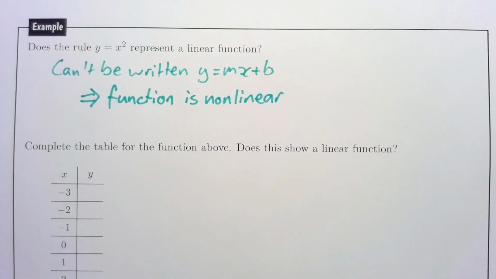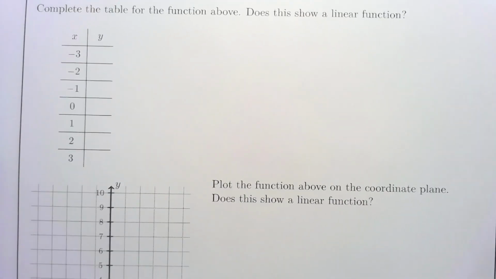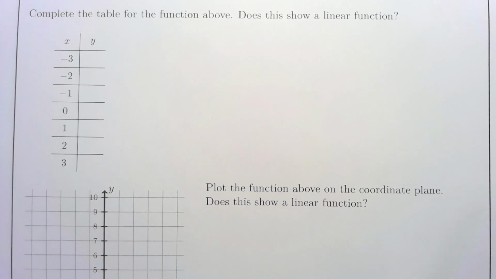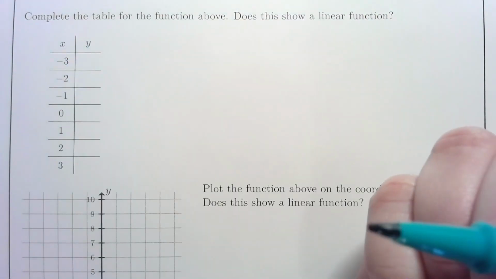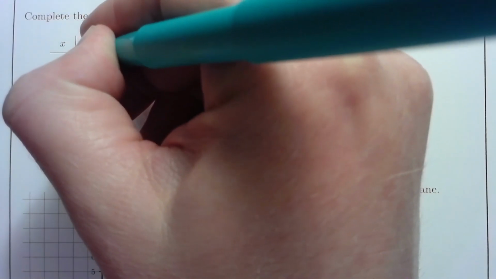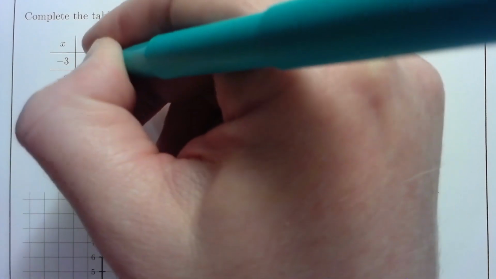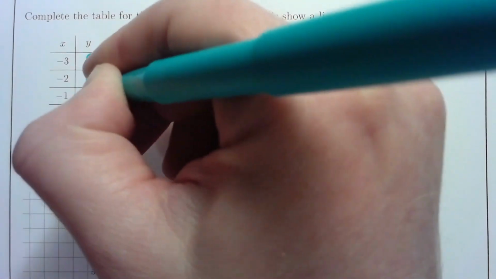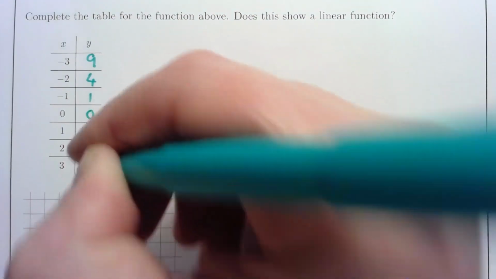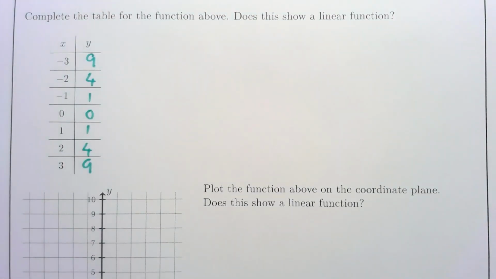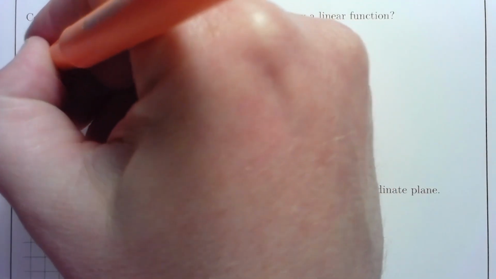Okay, let's make a table for this function and see if that shows that it's also nonlinear. So all we're doing is taking the input and we're squaring it, so multiplying it by itself. So -3 times -3 is 9. -2 times -2 is 4. 1, 0, 1, 4, 9. And let's figure out the changes. To go from -3 to -2, we're adding 1.